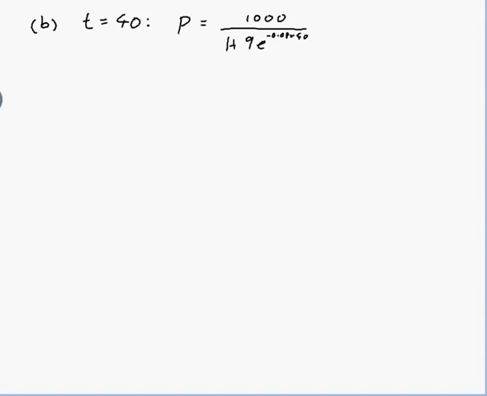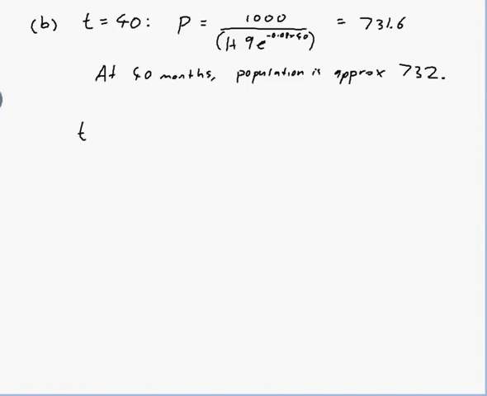Which when I sub all that in my calculator, making sure that I put brackets before I divide, comes out to 731.6. So at 40 months, the population is approximately 732.